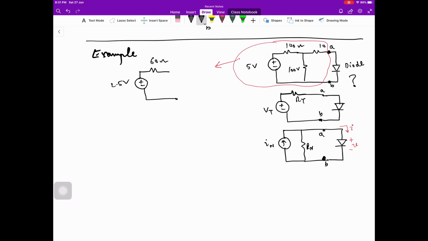This is the Thevenin equivalent. And the diode over here, this is A and B. So what is the voltage and what is the current?